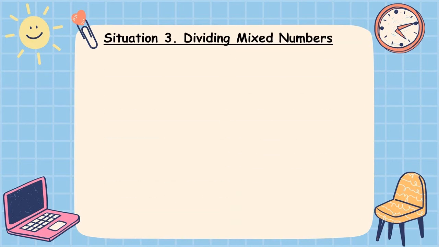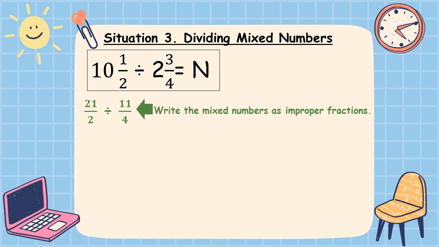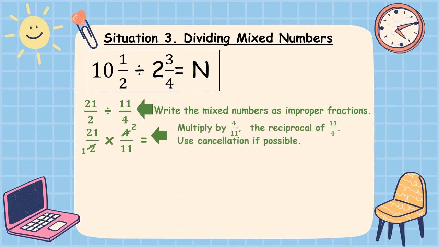In situation number 3, we are going to divide two mixed numbers here. Same process that we are going to convert these mixed numbers to an improper fraction as you can see in the solution. Then follow the same procedure. Again, write the mixed numbers as improper fractions. Then you can apply cancellation whenever possible.